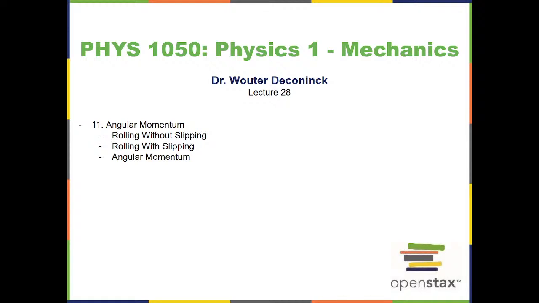Okay, excellent, perfect. So what we're going to do today is continue where we left off on Wednesday, which was rolling without slipping in the angular momentum chapter. We're going to apply that today to rolling with slipping, because that's a natural extension of that problem.